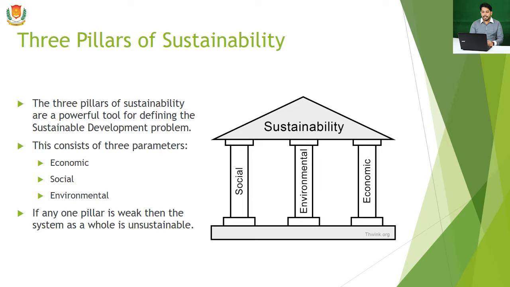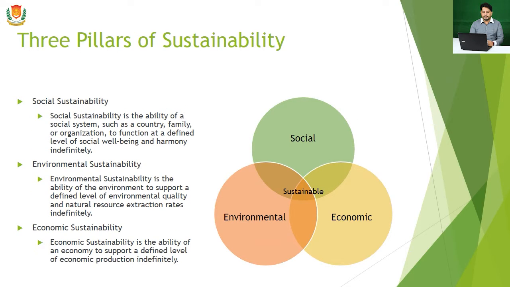As you can see in the diagram on your screens, the social, the environmental, and economic pillar are interrelated. When they are all implemented at the same time, then it becomes a sustainable development. As you can easily see in the diagram, they are all interacting with each other.